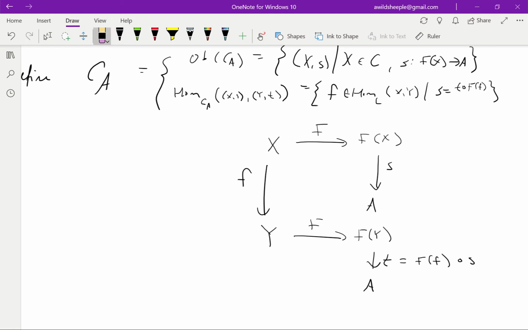This is why we always draw diagrams. So what have I got now? I've got s, this map should be the same thing as doing t, first doing F of f, which gets me from F of x to F of y, and then I do t. Good, so that's what I said now.